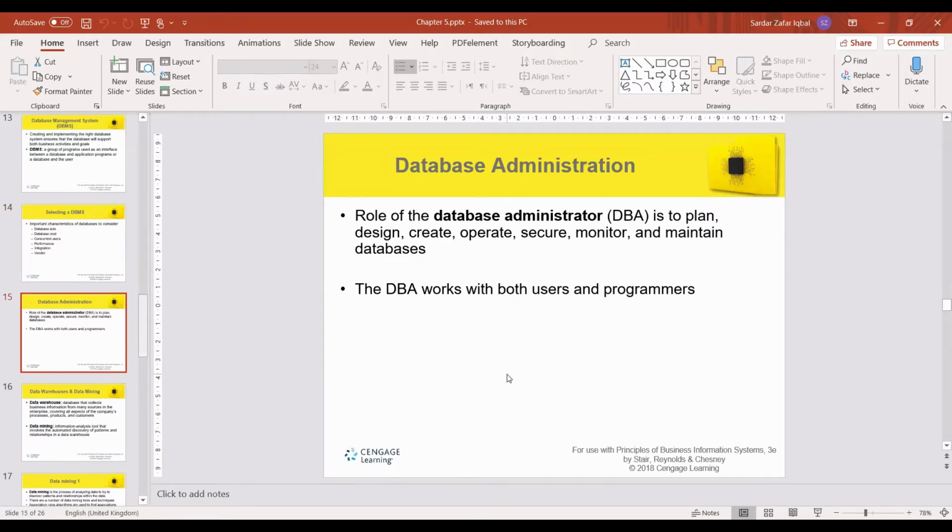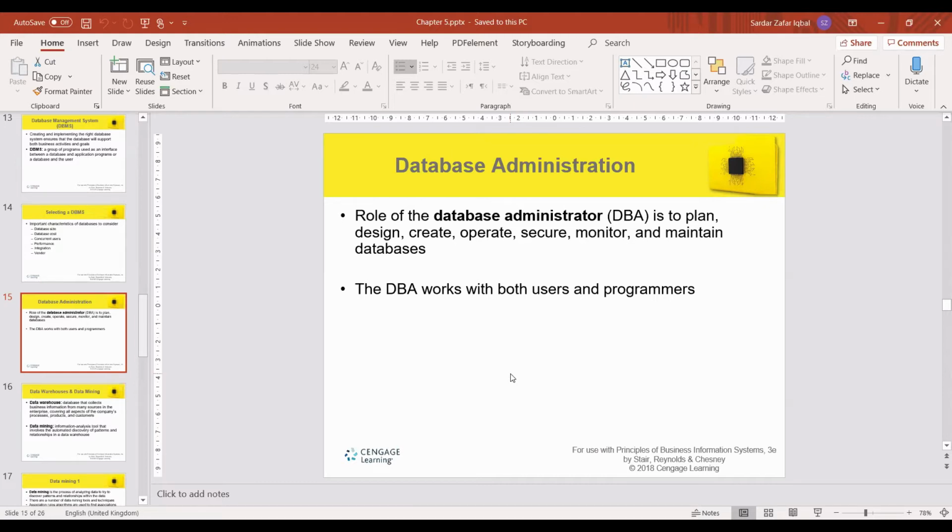Okay, we were discussing the database administrator. Every organization has this position nowadays because data is very important for every organization. And for managing the database, you need the database administrator, which is known as DBA. You can do the certification in this.